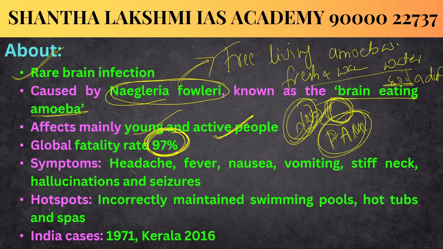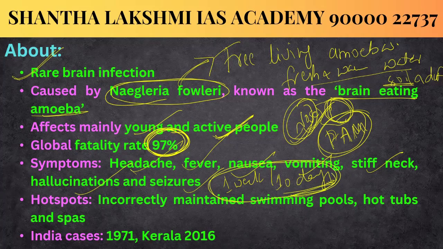The symptoms include headache, fever, nausea, vomiting, stiff neck, hallucinations, and seizures. And within 1 week or 10 days after the symptoms onset, the disease will become severe and it will lead to fatality. That's why the global fatality rate is 97%.